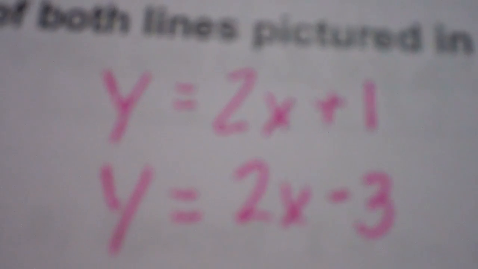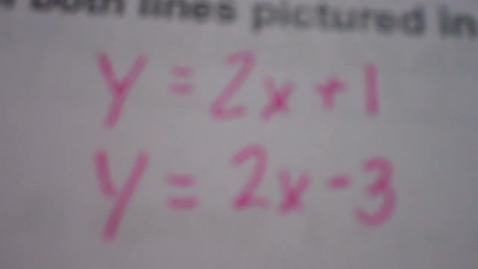Okay. Well, that's nice to do when you see them here. They're in slope-intercept form. Sometimes they might not be. Let's take a look. Determine if. Remember, if it's determine if, you're answering yes or no. These lines, y equals 4x plus 3 and y equals negative 4x plus 5, are parallel.